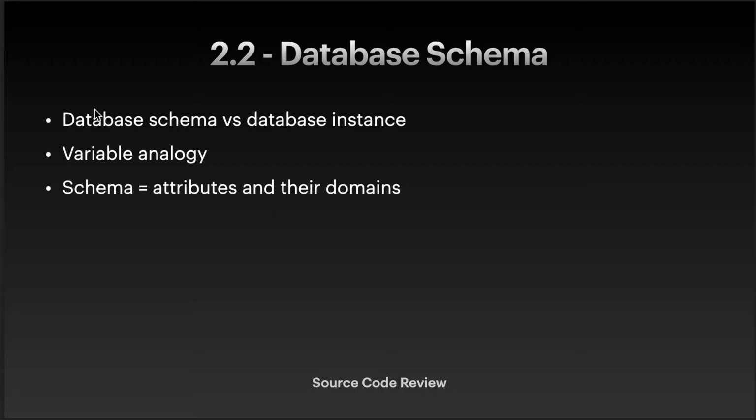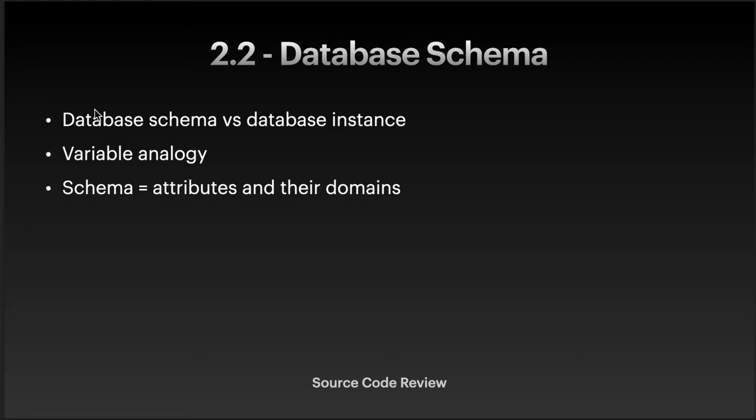And remember, you could have a student table and delete it and make a new student table, right? So that would be a different instance. Basically, it's a snapshot of the data in the database at a specific time.